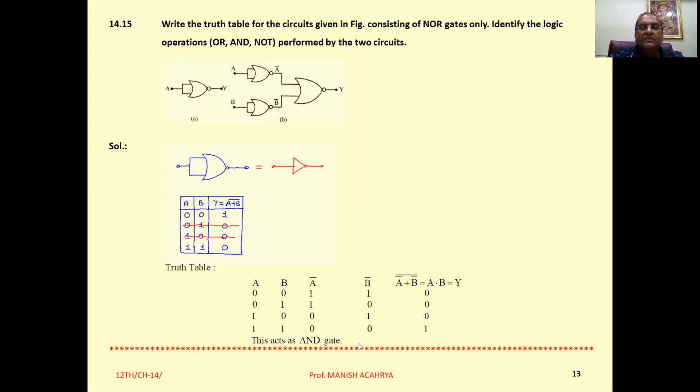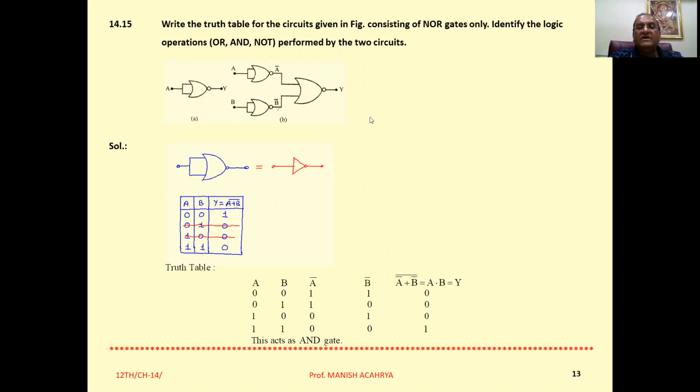So see the intermediate steps. A, B: 0, 0; 0, 1; 1, 0; 1, 1. Not A: 0 to 1, 0 to 1, 1 to 0, 1 to 0. Then for B: 0 to 1, 1 to 0, 0 to 1, 1 to 0.